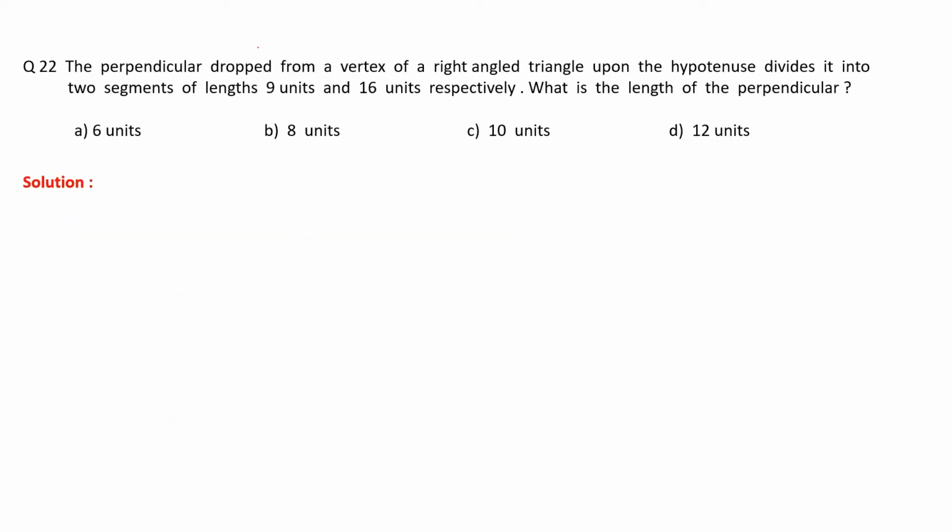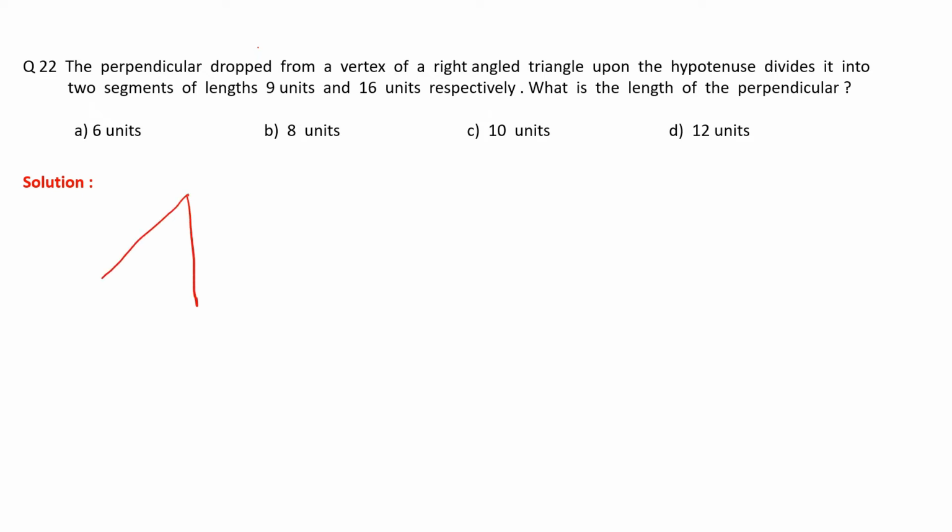Now students, this is a nice question. The question says the perpendicular dropped from a vertex of a right angled triangle upon the hypotenuse divides it into two segments of length 9 units and 16 units respectively. What is the length of the perpendicular?